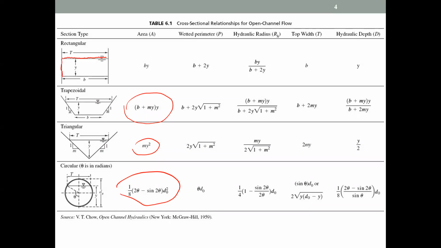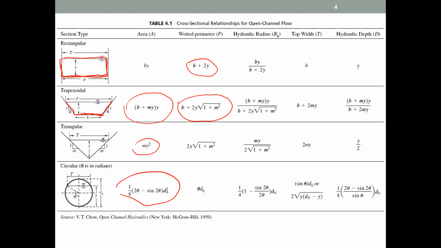It is this length, only this. So that is b plus 2 times of y, right? So I need you to try how to get it for the trapezoidal section. Now you understand. For the trapezoidal section, this is the wetted perimeter.